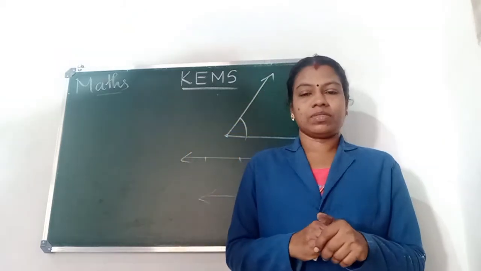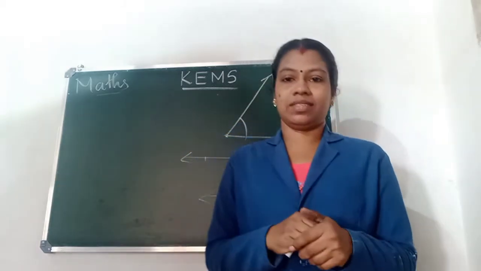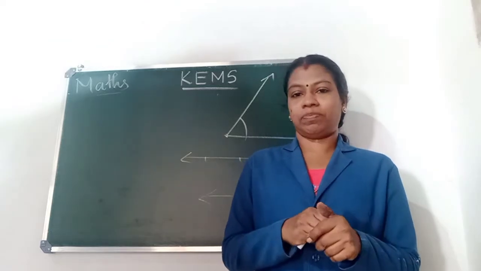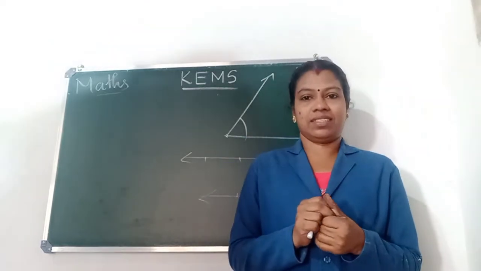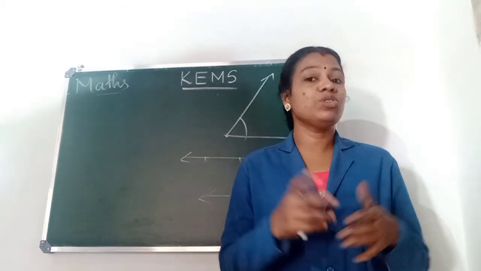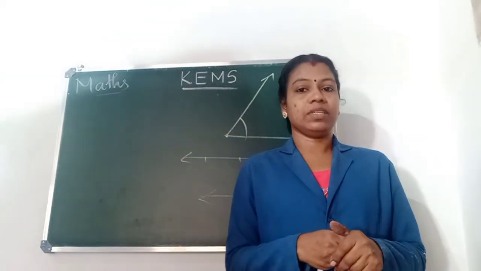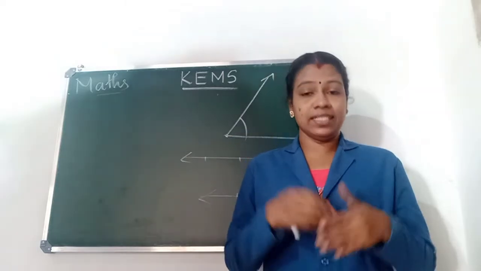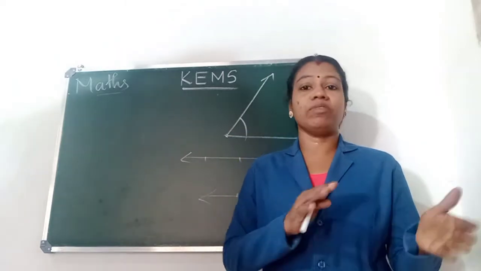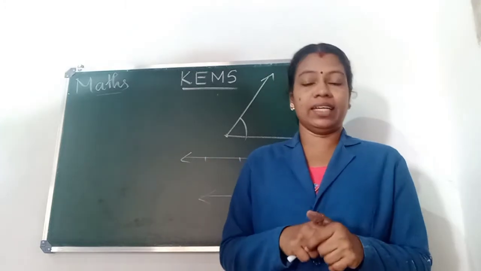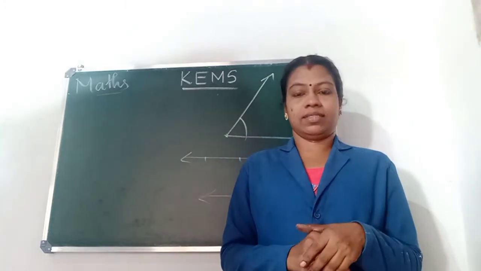Moreover, two angles whose sum is 90 degree are called complementary angles. Sum of the two angles is 90 degree, then they are called complementary angles.